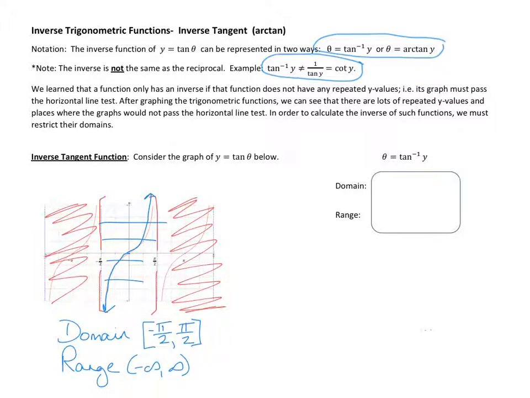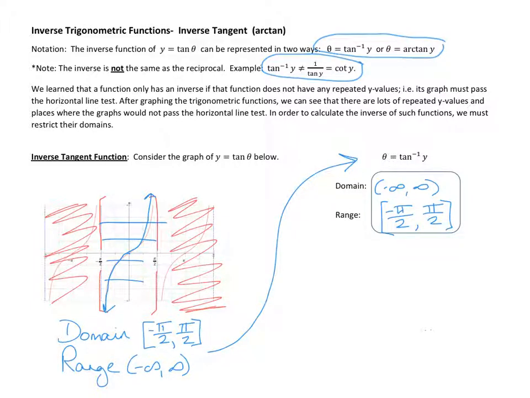All right, now let's talk about the inverse tangent. To create it, you basically swap your domain and range. You just switch them. So now the domain of the inverse tangent would be -infinity to +infinity, and our range will go from -pi/2 to pi/2.